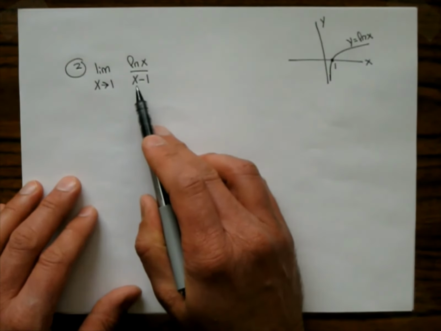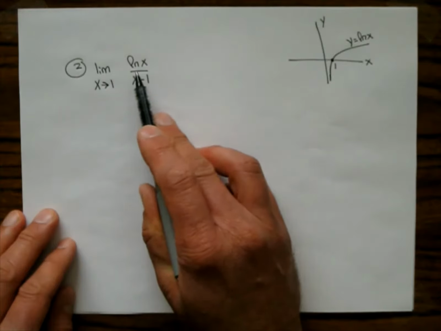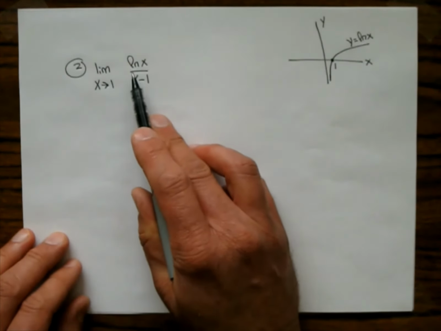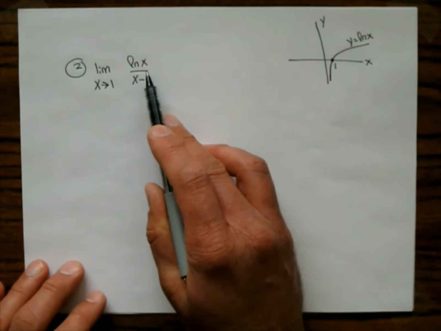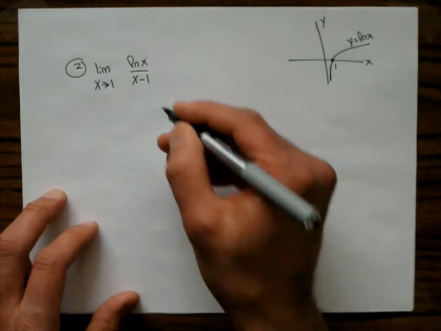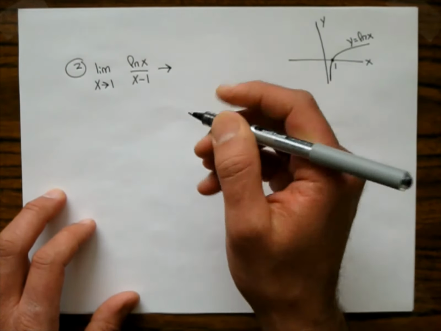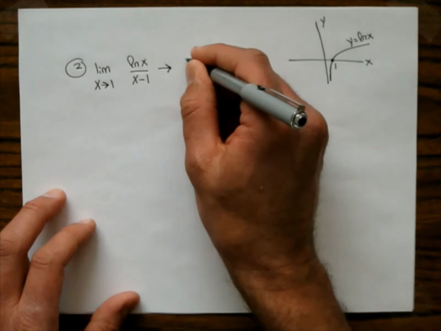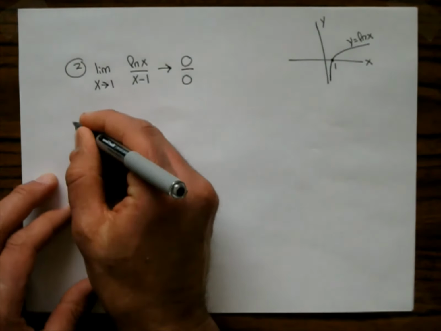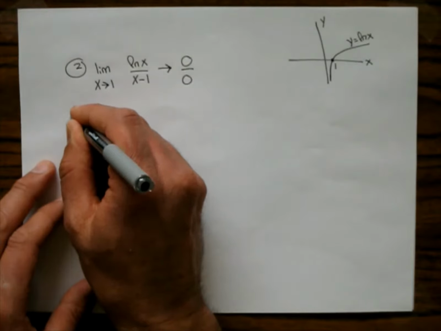Another way is to say log base e of 1, so you're going ln 1. So you could say, e to what power gives you 1? e to the 0. In any case, or you can use your calculator, you end up getting 0 over 0. So this is a time to use L'Hopital's rule.